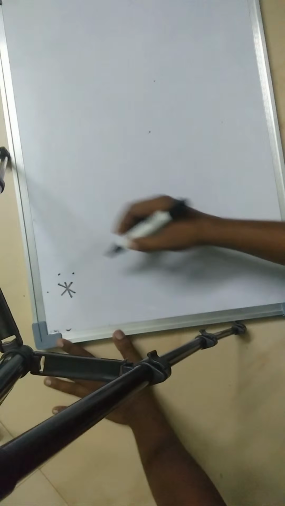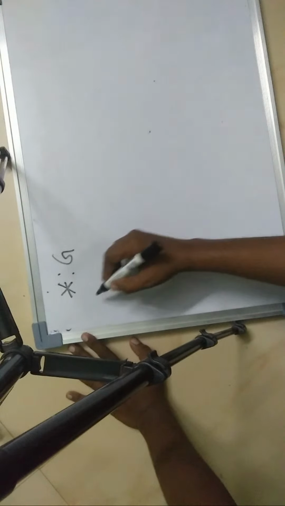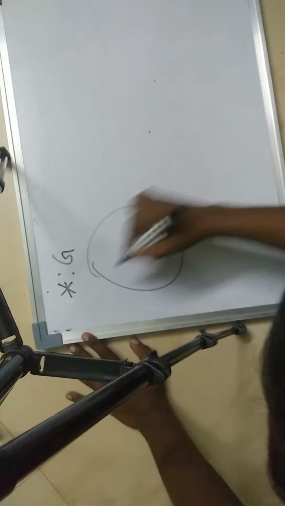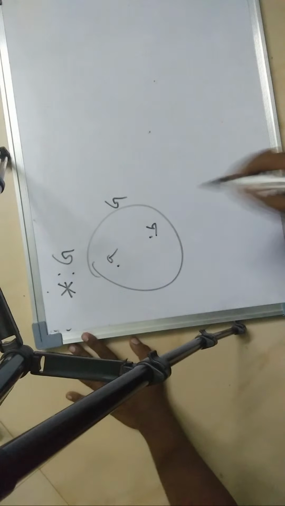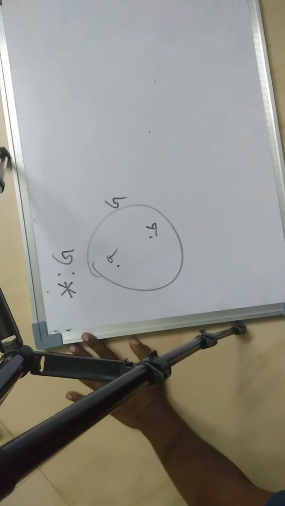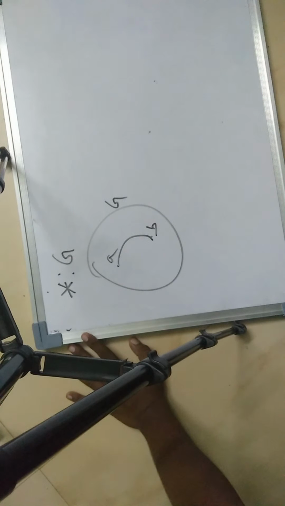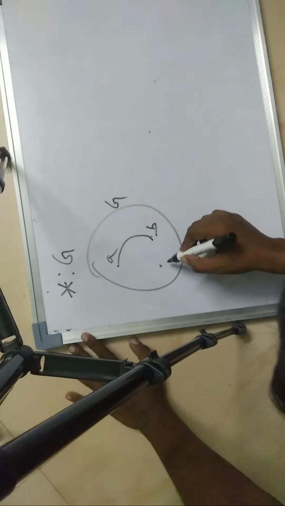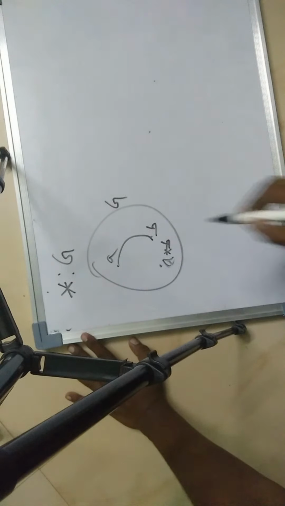Star is said to be a binary operation on G when, if suppose this is G, if we take any two elements from this set, A and B, and when we operate these two elements, we get back an element in the same set, say some C. And we are going to denote this not by C, we are going to denote this by A star B.